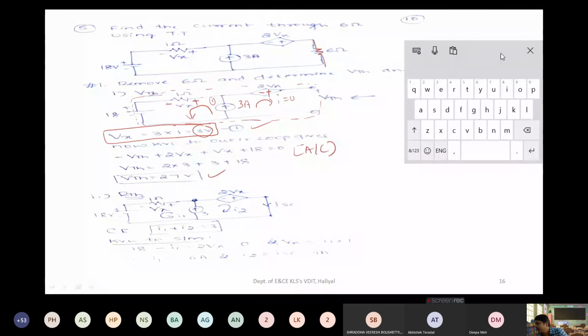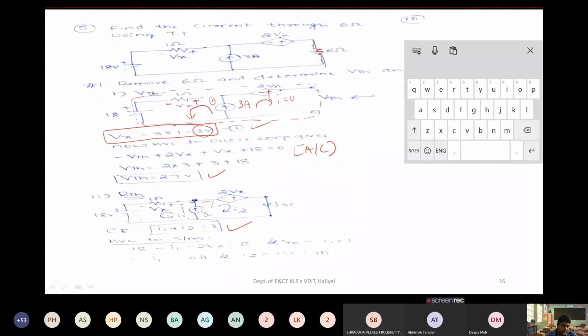Okay, so once you get VTH equal to 27 volts, next comes the calculation of RTH. To calculate RTH, you have to short circuit this. Once you make a short circuit over here, again you are getting the current source in between the two meshes. So you can write the constraint equation.